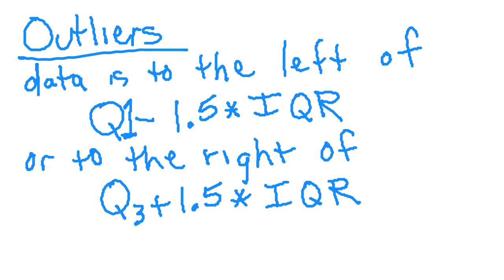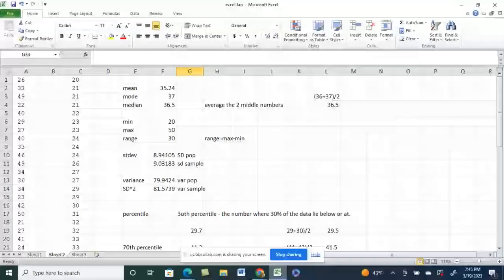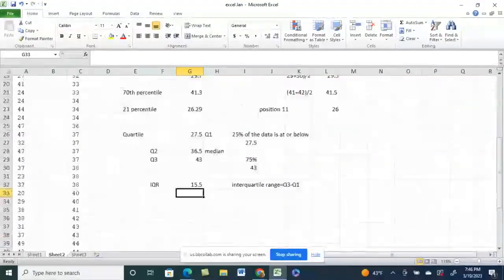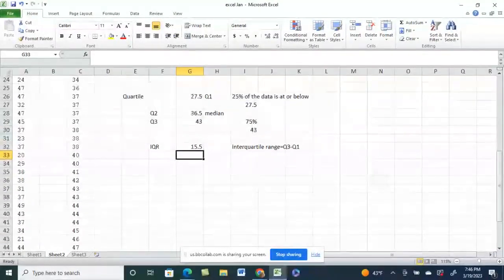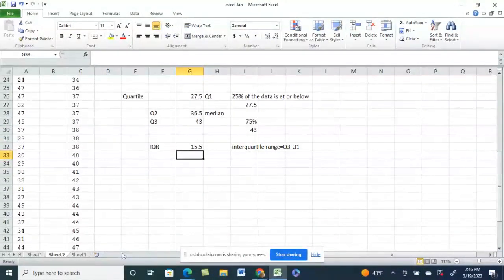So if we go back to Excel and look at what those bounds would be, we would do this.